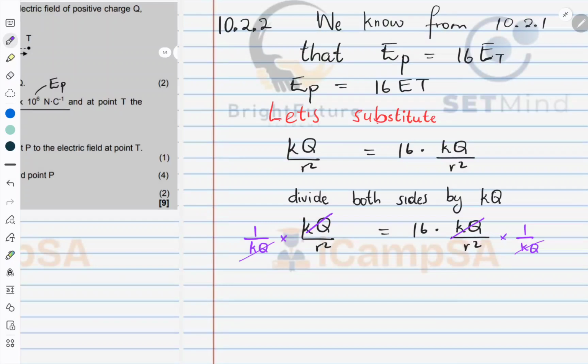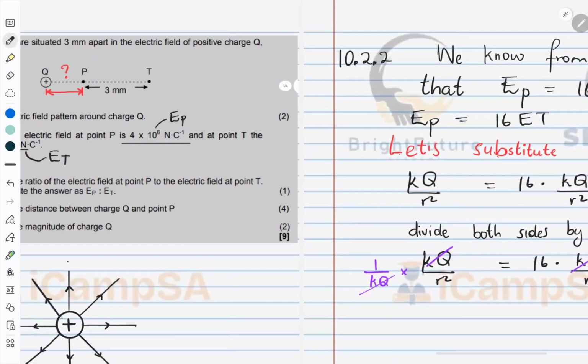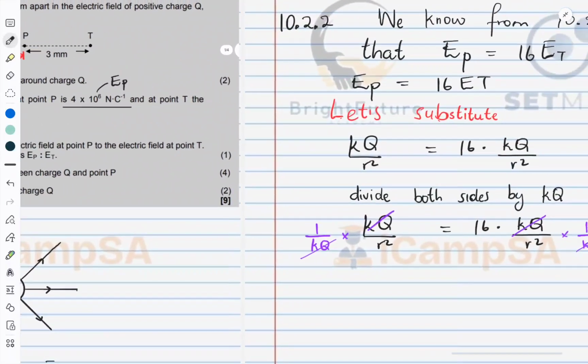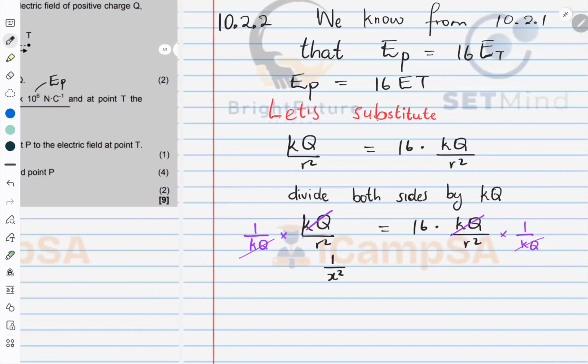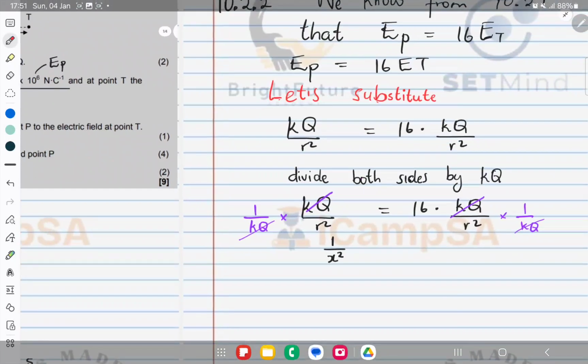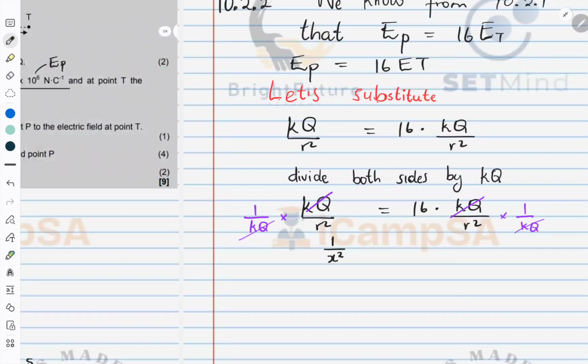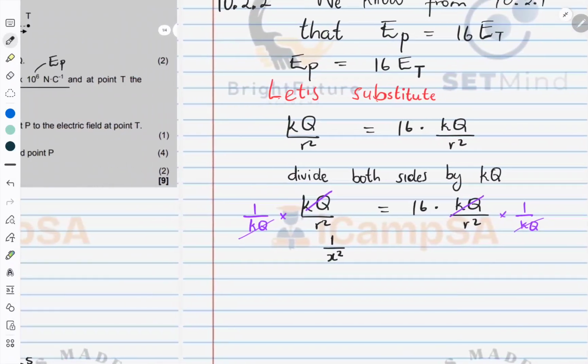And then on the EP side, we can now substitute the value of R squared. Remember, for EP, we don't know R squared, so let's call it X. 1 over X squared. Let's call this distance X. And then on the side of ET, let's just write it as a subscript, not like another letter.